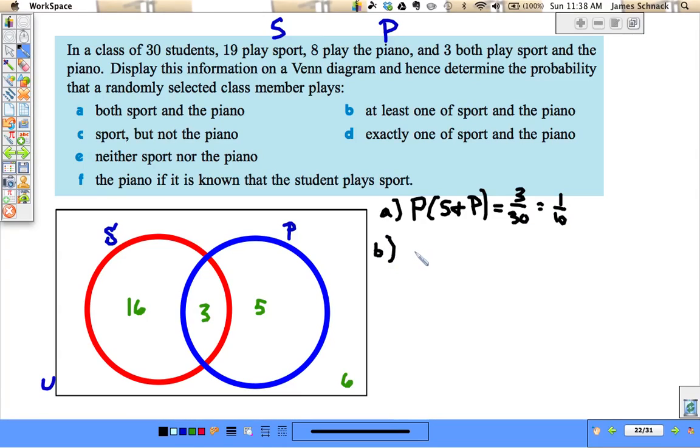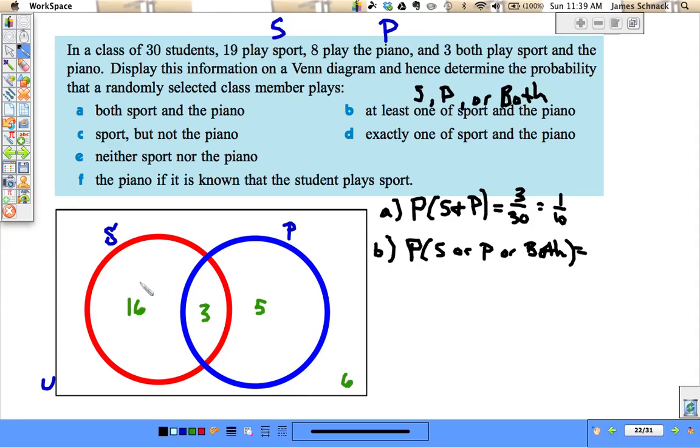Part B, at least one of the sport and piano. So that means sport, piano, or both. So how many people fit into that category?